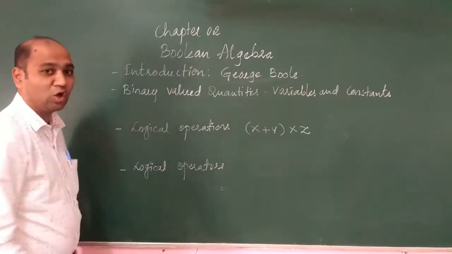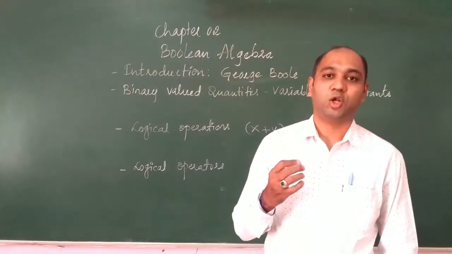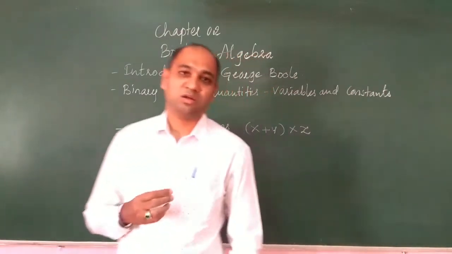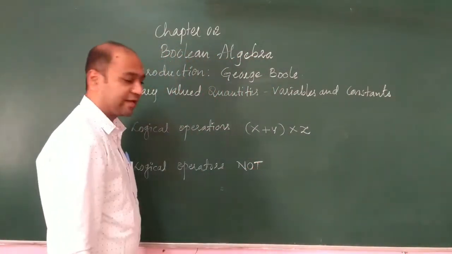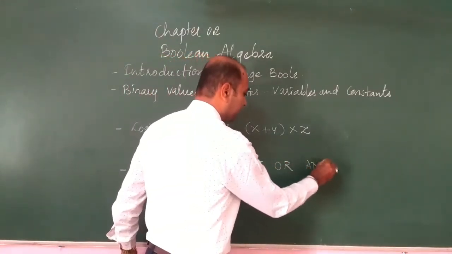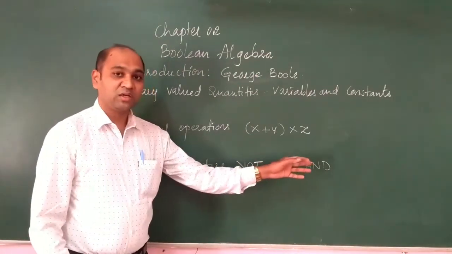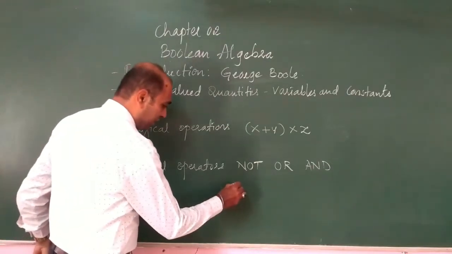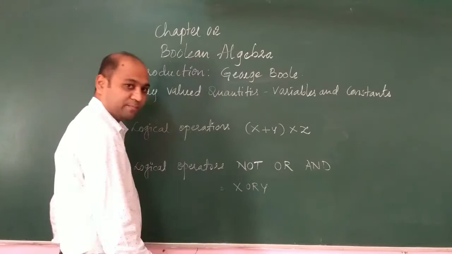Now let us continue with logical operators. We have already studied there are three different logical operators. The first one is not, the second one is the or operator, and the third one is the and operator. Correct? These three operators could also be used with the variables. For example, here I write x or y.